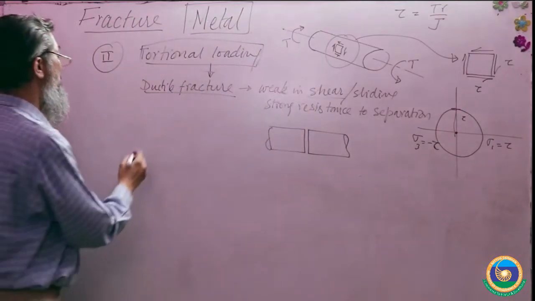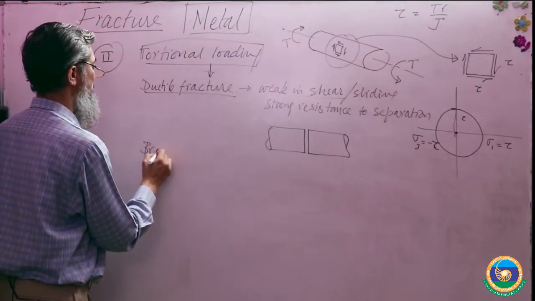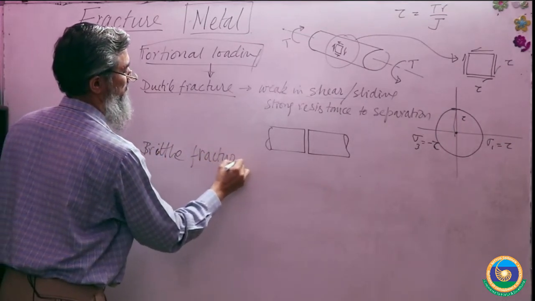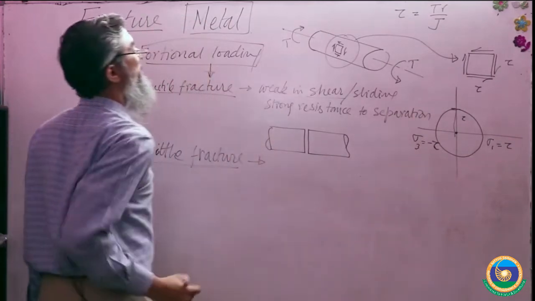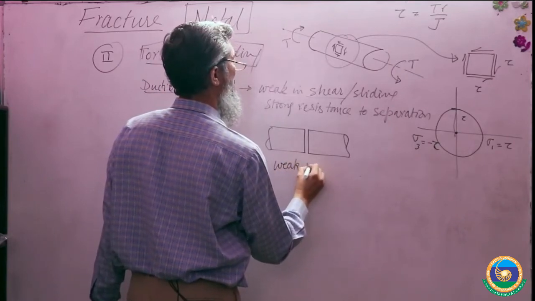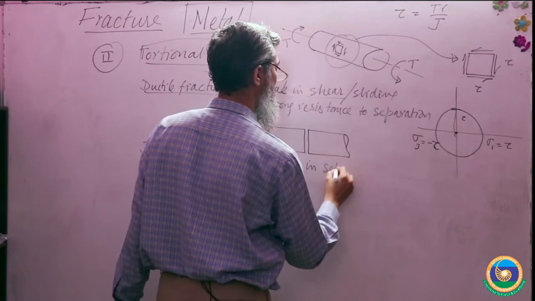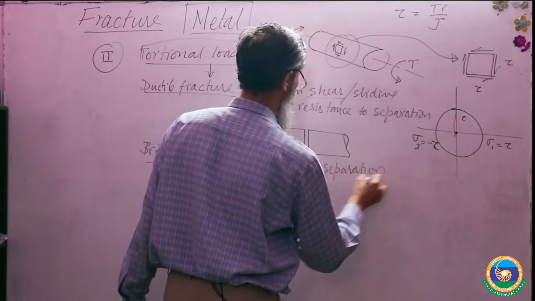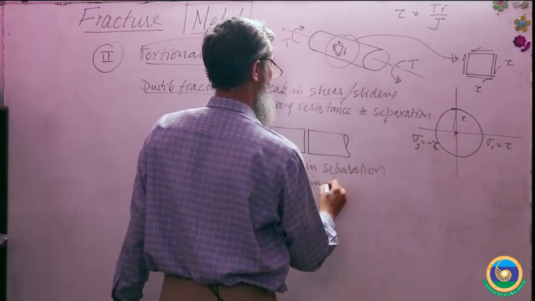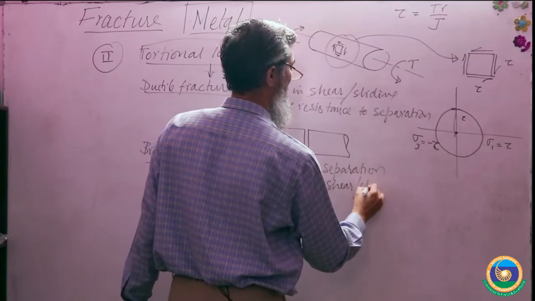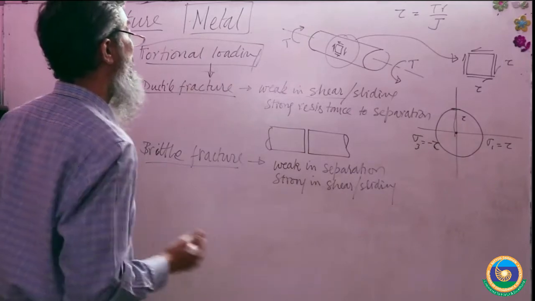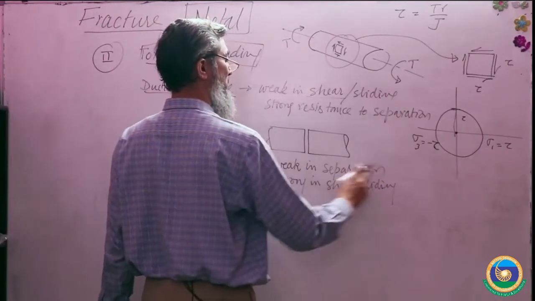right? But when you take brittle fracture, we all know brittle fracture will occur when the material is weak in separation and strong in shear or sliding. So we'll have to check where we will find it, because it is strong in shear and weak in separation.